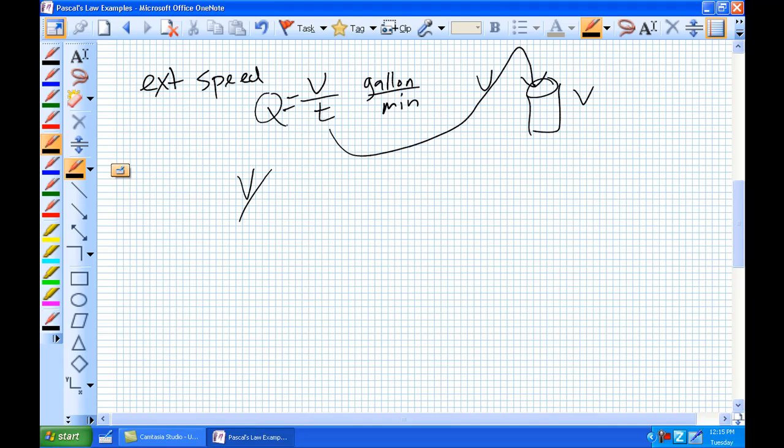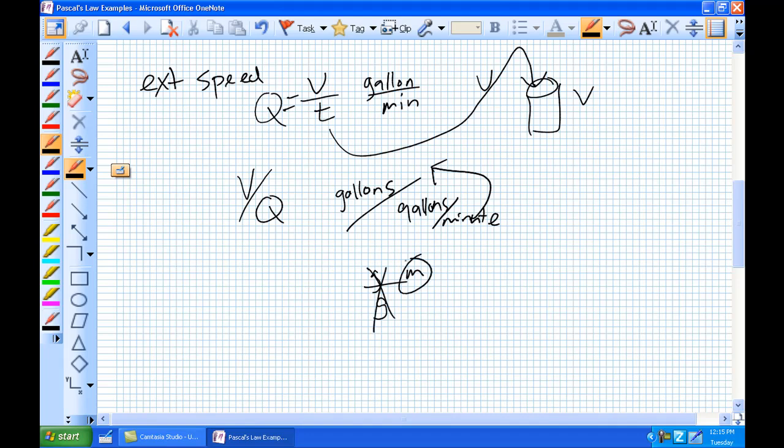That's what's commonly referred to as Q. So if our volume is in gallons and our flow rate Q is in gallons per minute, this minute goes upstairs. So gallons divided by gallons per minute crosses out, you're left with a unit of time. So that's how you figure out extension speed.